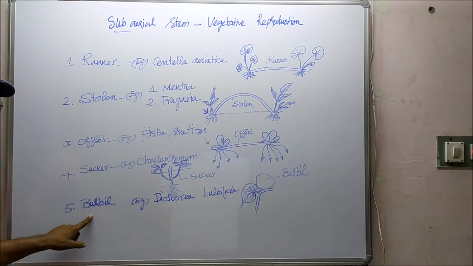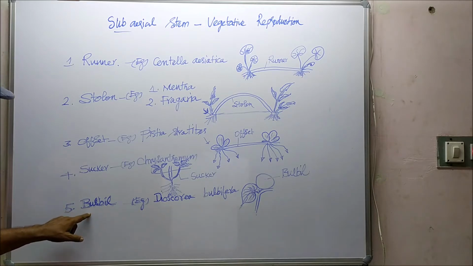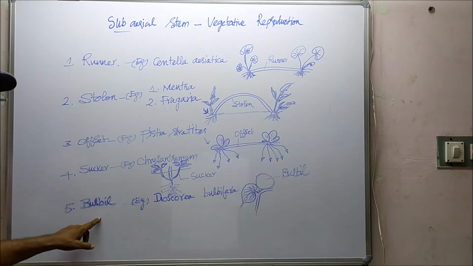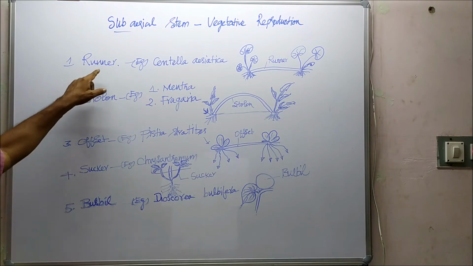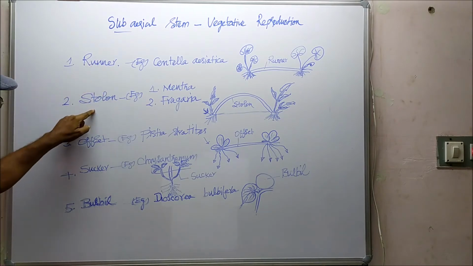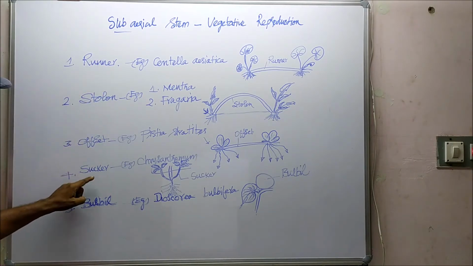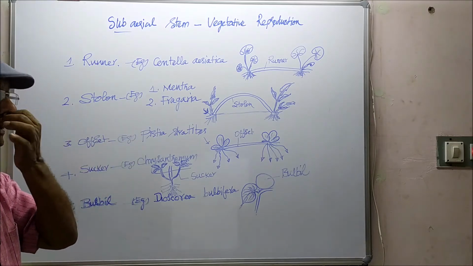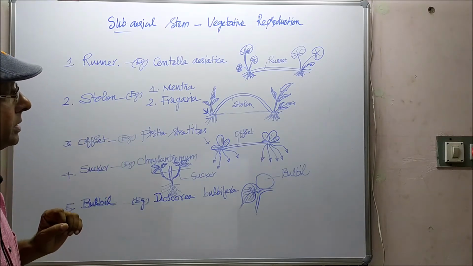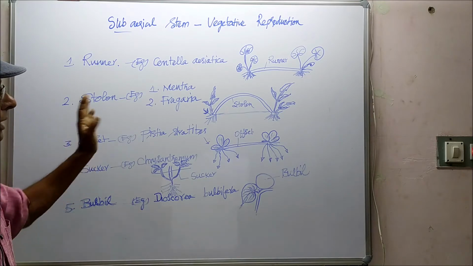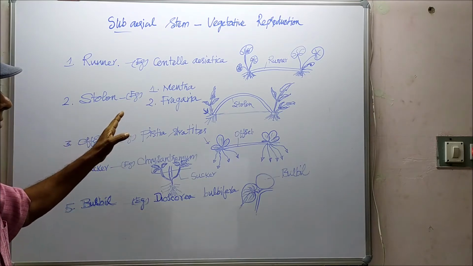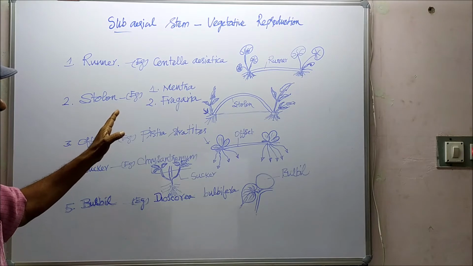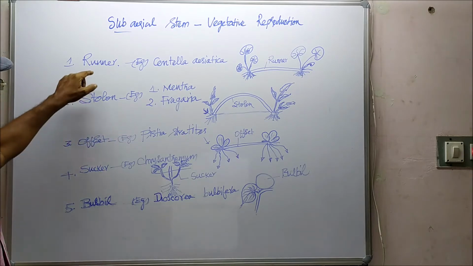The bulbil is an aerial stem modification, modified for vegetative reproduction. Runner, stolon, offset and sucker grow just above the soil surface, and produce new plants after some distance, after some days.